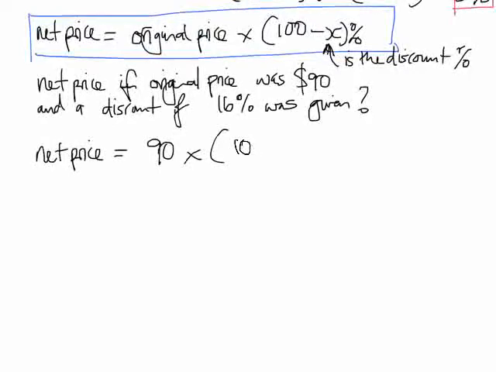So you're going to be doing 100 take 16%. So it's going to be 90 times by... What is it, 84? That's one of those silly things I need to check in my calculator again. 100 take 16. Because I just don't trust myself. 84%.